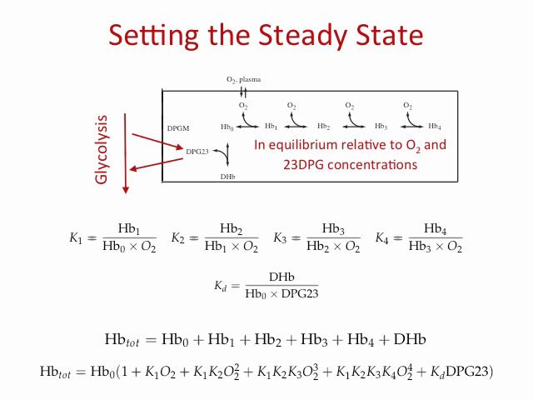We know the equilibrium constants, and if you know the concentrations of the ligands, oxygen and 2,3-DPG, as well as the total hemoglobin concentration, we can calculate the concentration of the free hemoglobin. And if we know that, we can go and substitute through all the equations above and calculate the concentrations of all the forms of hemoglobin. I am not going to detail this algebraically and would refer you to chapter 5, where we did the details of this type of mathematics for regulatory enzymes that have multiple ligands.